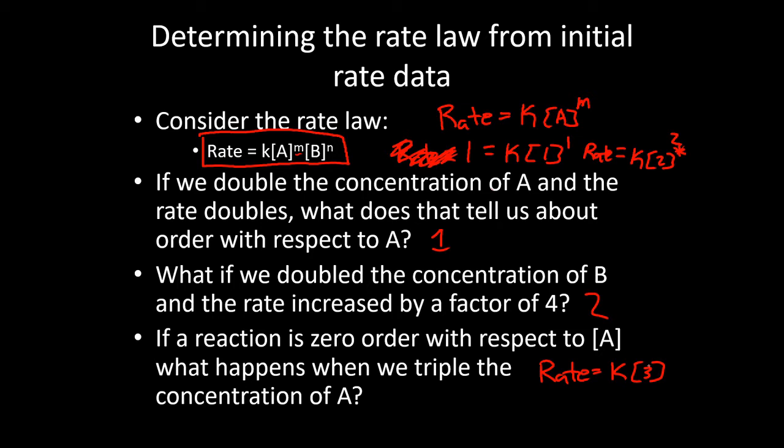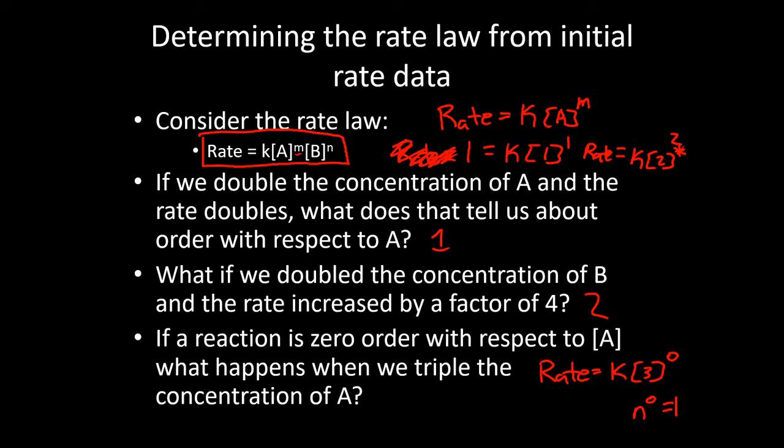We've tripled it from 1 to 3 for the concentration, but it's zero order. What is 3 raised to the 0? If you remember your high school algebra, you'll remember that anything raised to the 0 is 1. Doesn't matter what it is.